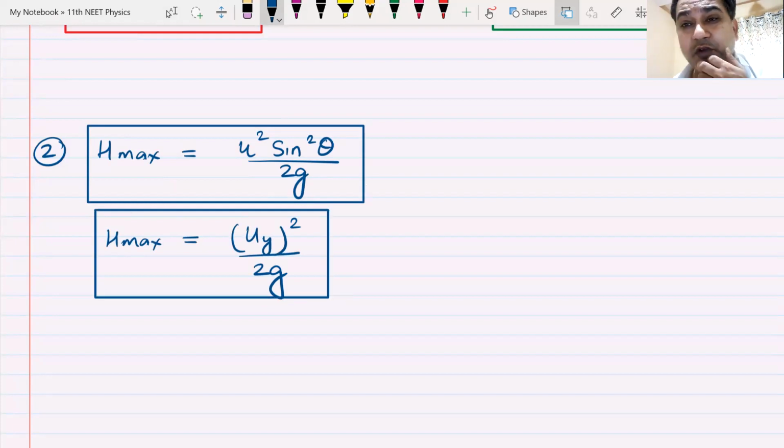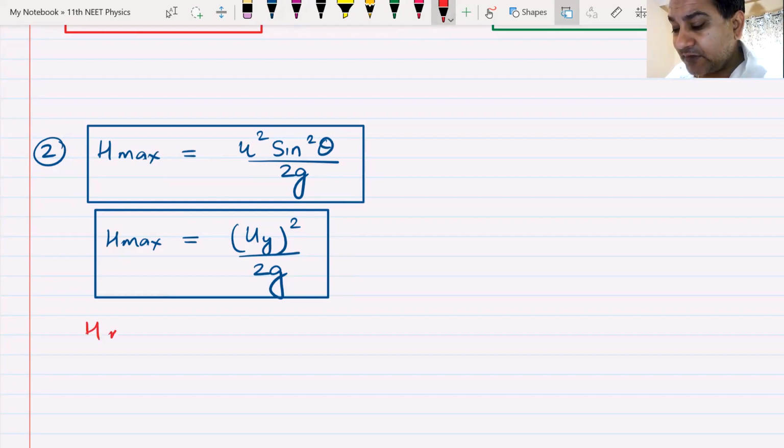Why have I written it in this form? First of all, it makes things look easy, and then I can understand on what all factors it depends. Now, let us think about the understanding of this formula.